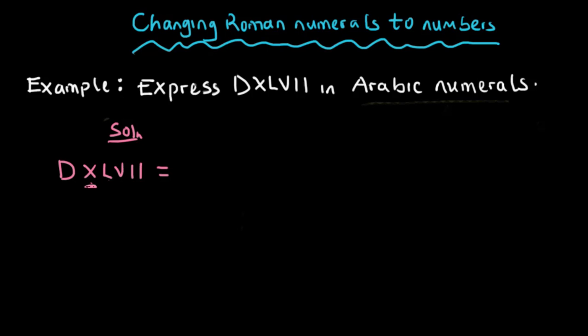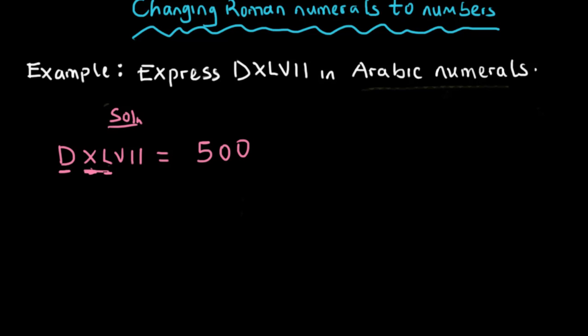In this case, X, which is smaller, is behind L, which is bigger. So we need to subtract there. I hope you understand. So let's do this. D is 500. Now XL: L is 50, X is 10, so we have 50 minus 10. Then we have V is 5. Then I is 1, and I is 1.